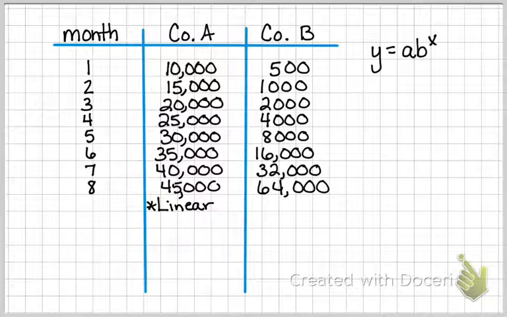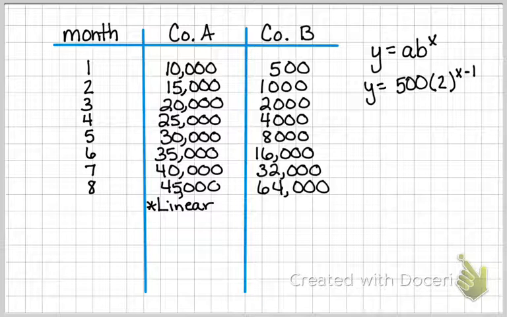It's after we've worked that month. So we have y is equal to 500, which is our initial amount, but we have to take into account our differences for our x. So if it's doubling, we know our growth factor is 2. Here, however, we would have x, what we need to find, but minus 1, because we did not start at 0 months. We actually started at 1. So we have to take that into account.